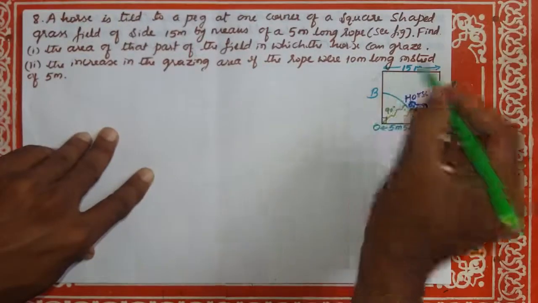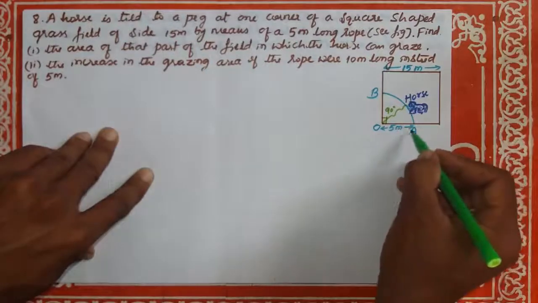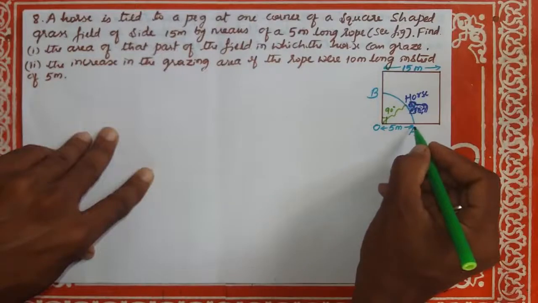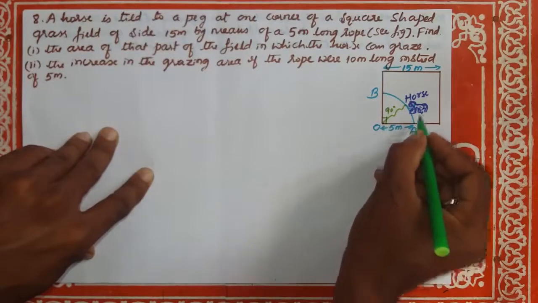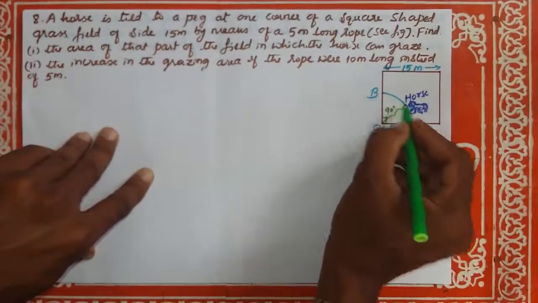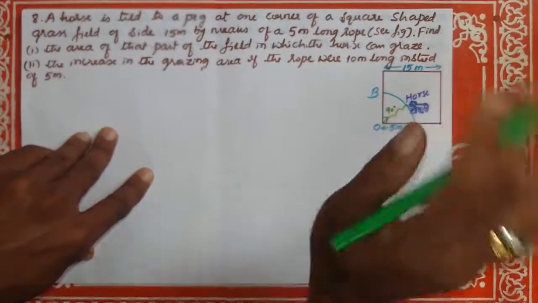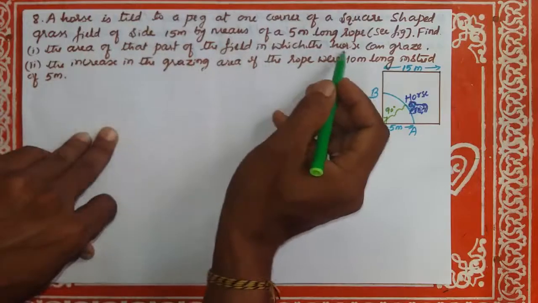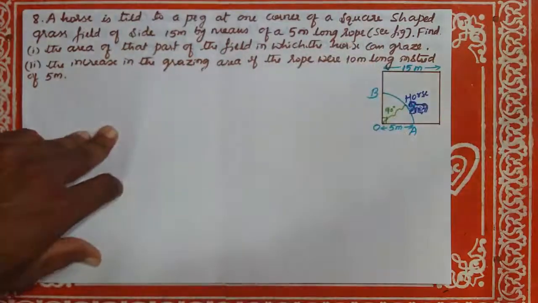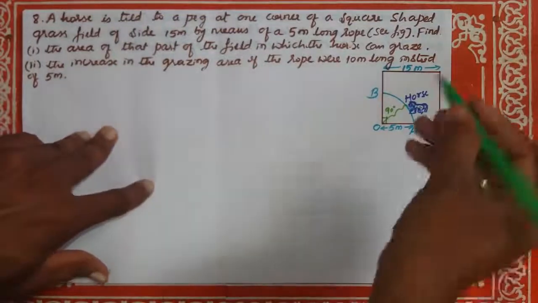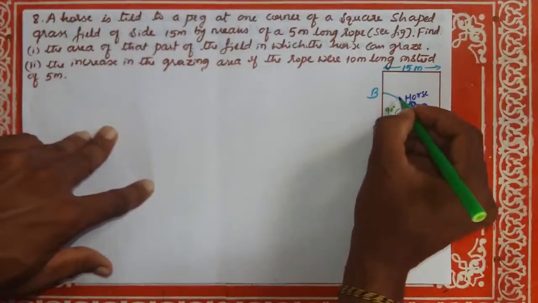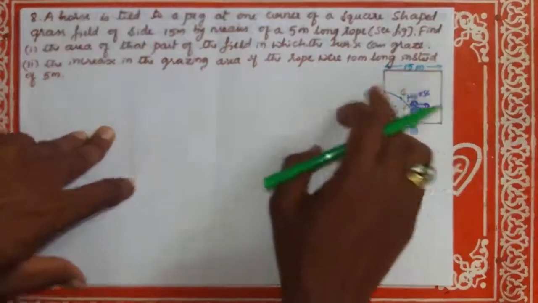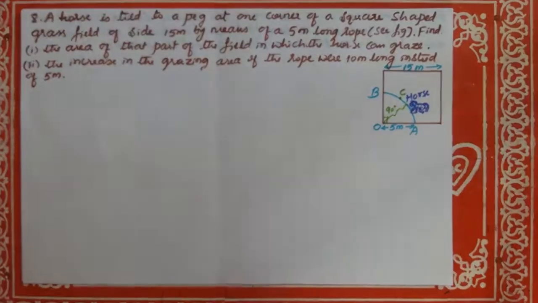O to A is 5 meter, so from A to B, maximum 5 meter only it can graze. We need to find the area of that part of the field in which the horse can graze, which is the area of a sector. I will mark a point here C, OACB is a sector.